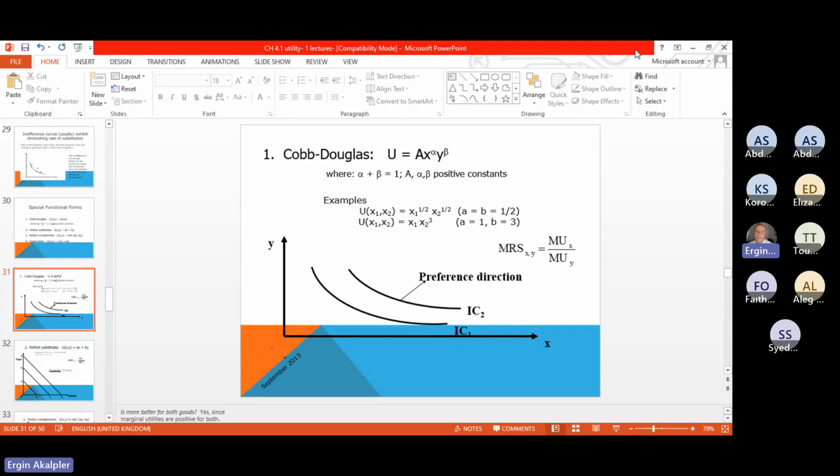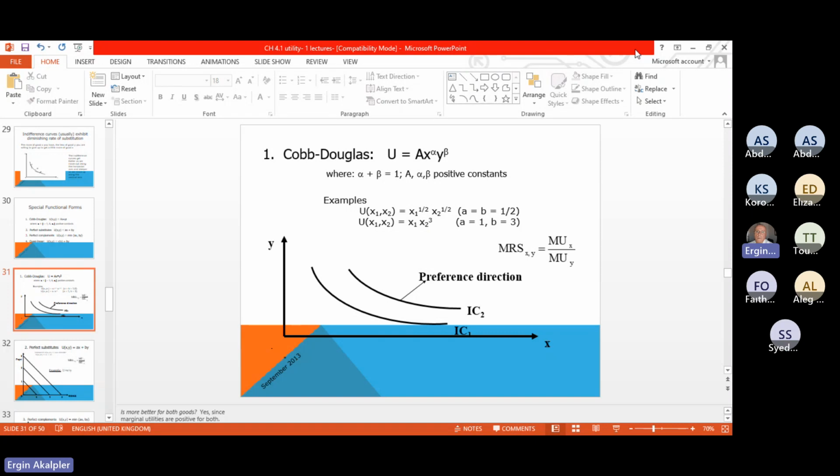And the Cobb-Douglas is given again here, where alpha plus beta totals 1, and alpha and beta are positive constants. When we give the example u(x1, x2) equal to x1 to the power of 1/2 times x2, because the square root is 1/2, then u is x1 and x2 to the power of 3.